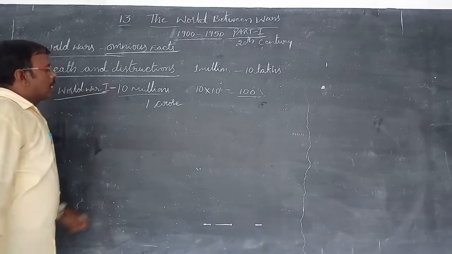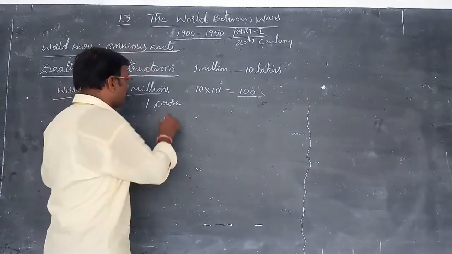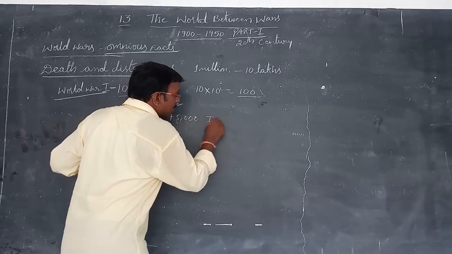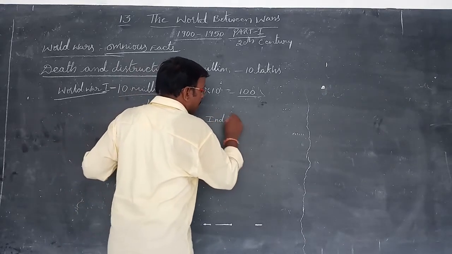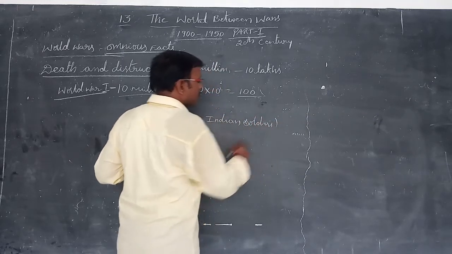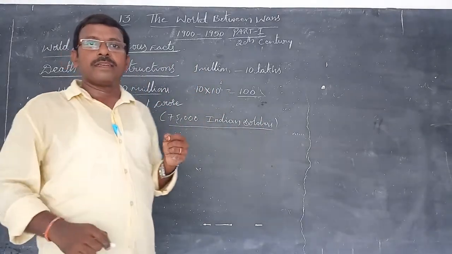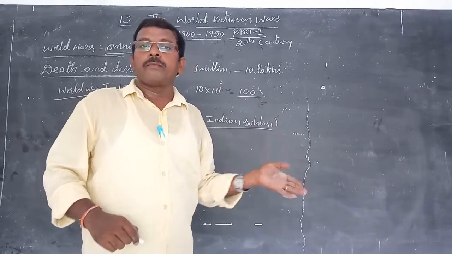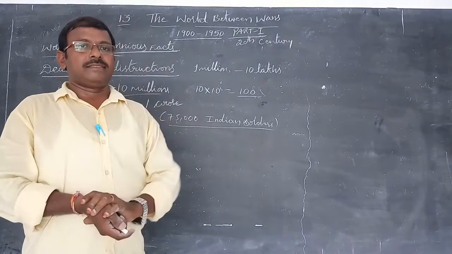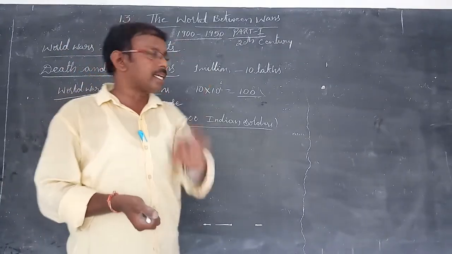In World War One, among that 1 crore people, 75,000 Indian soldiers are there. They fought in Africa and Europe on behalf of Britain.